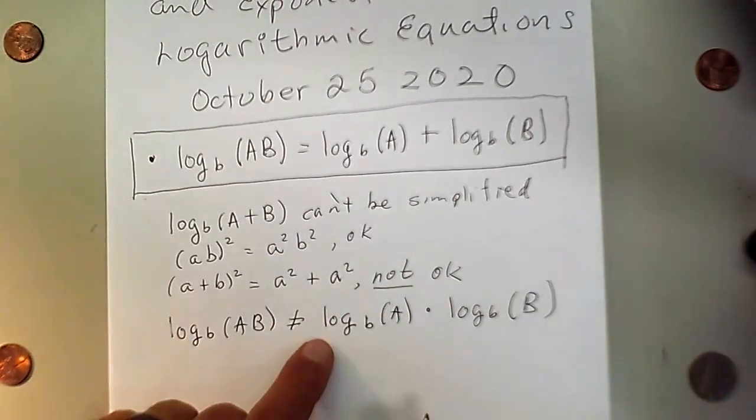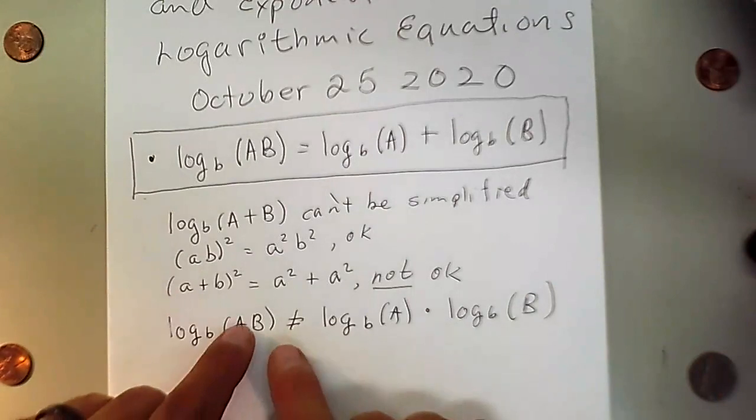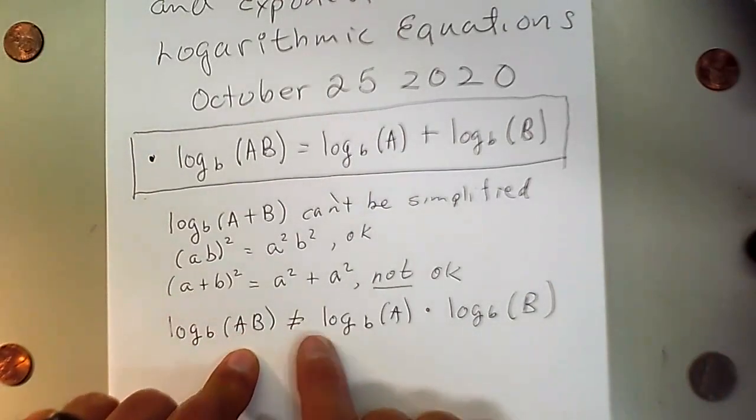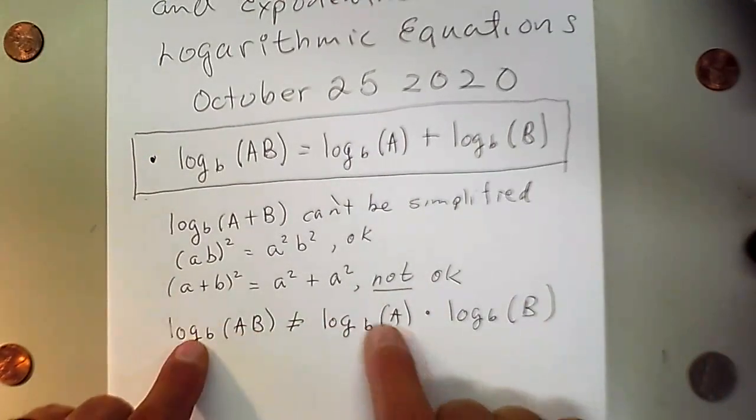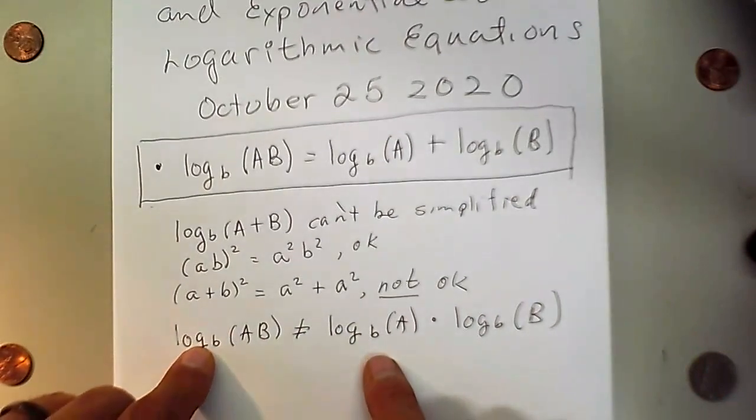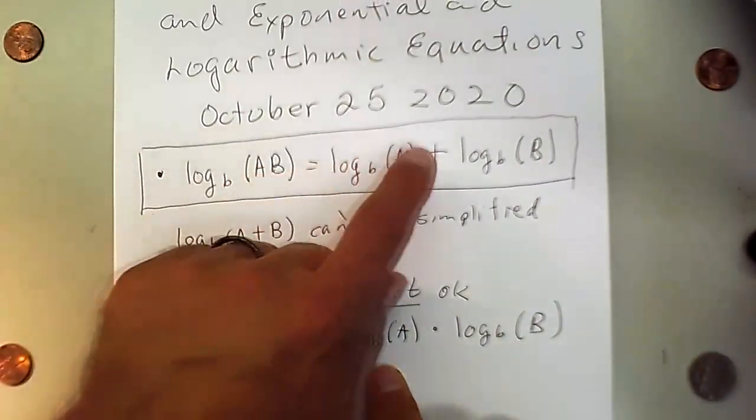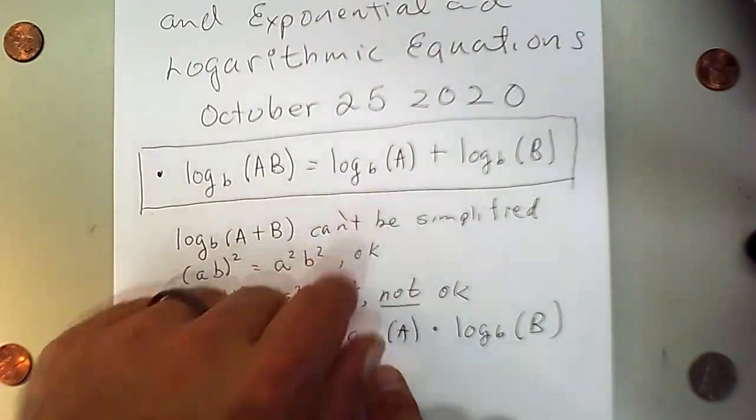Again, that is not true. Well, if there was an equation, that wouldn't be true. That's what I'm trying to say. Those two quantities are not the same. The only way we can break up a multiplication is by addition. That's the only way we can do that.